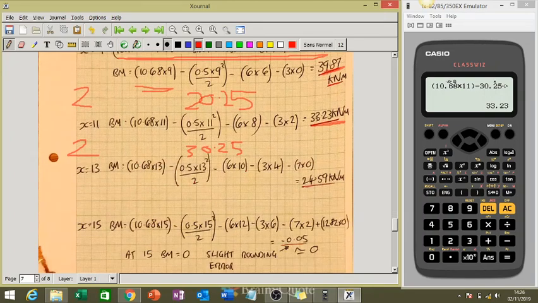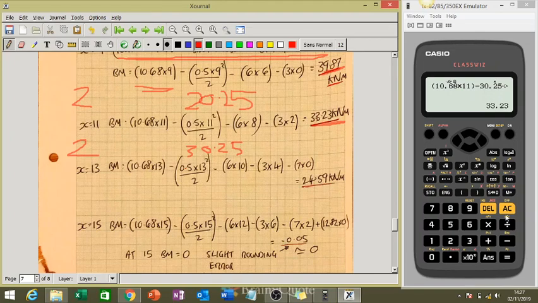I got 13, that's the moment, 10.68, 13 meters away. That's my UDL. That goes up by 2. Right, 13, 13. This goes up by 2 because now we're 10 meters away. This goes up by 2 because we're 4 meters away. The 7 is there, but there's no distance, so I put it in, but it's a 0 really.